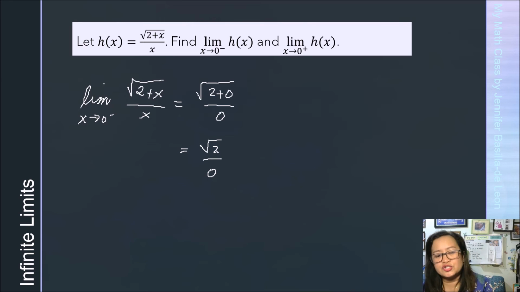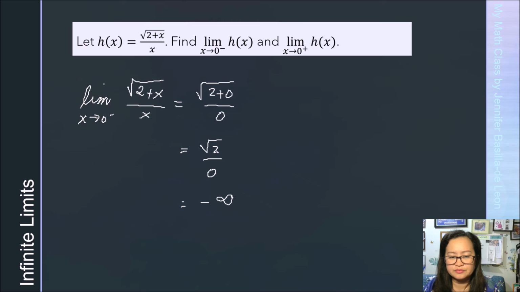So, in this case, we are going to use the second condition, which is if we have the limit of f of x divided by g of x as x approaches 0 from the left, we will have negative infinity.